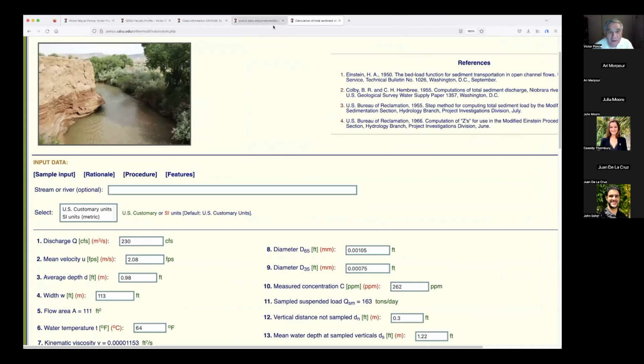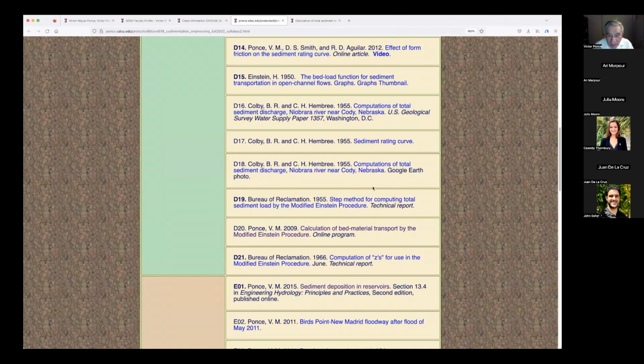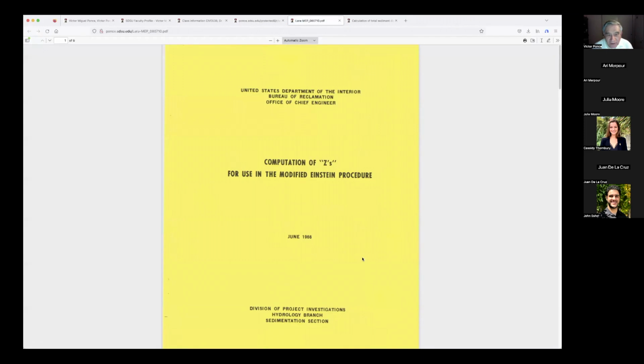Okay, we are fine. So now we're going to finalize this section by briefly looking at what I have called the Lara methodology, the computation of Z's for using the modified Einstein procedure. June 1966, Division of Project Investigations, Hydrology Branch, Sedimentation Section.